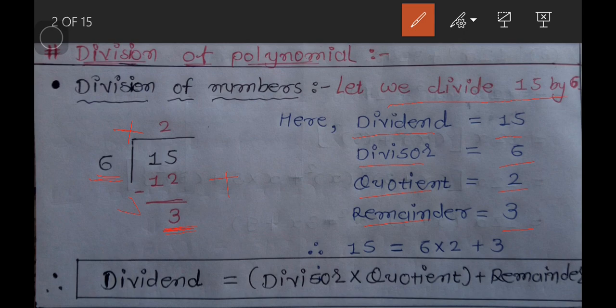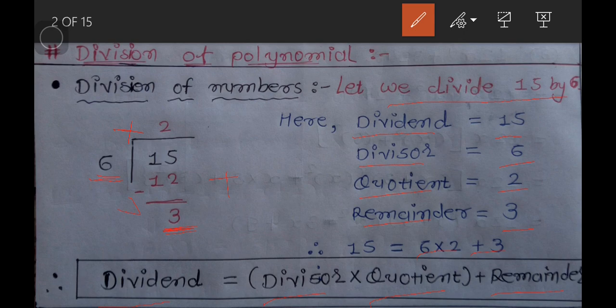So after dividing 15 by 6, we can also write 15 as 6 into 2 plus 3. So here we can write the given expression as dividend is equal to divisor multiplied by quotient plus remainder. So it is the formula for our division.